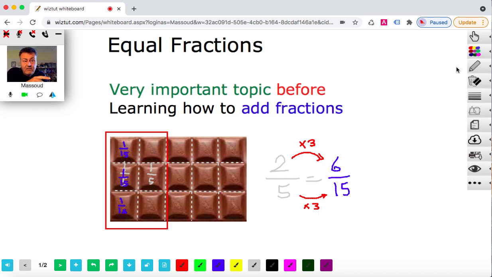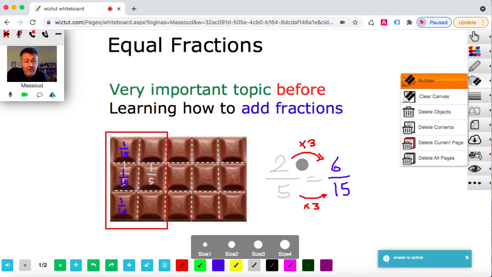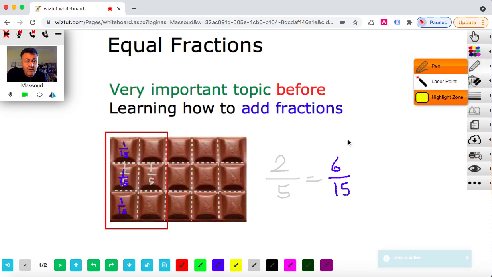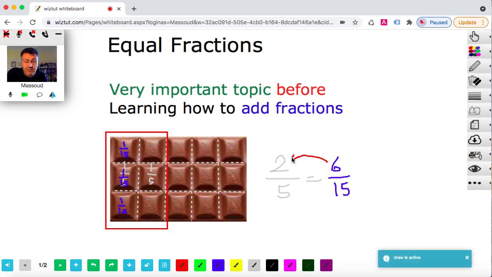And that's the other thing that I was going to mention, that they have to see it the other way around. So they have to also go from a larger fraction back to a smaller version of the same fraction.